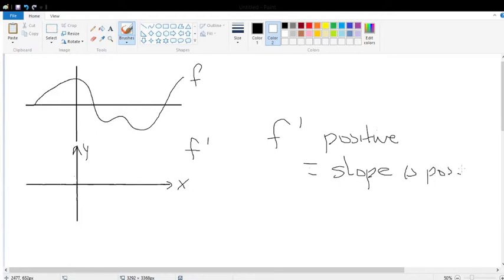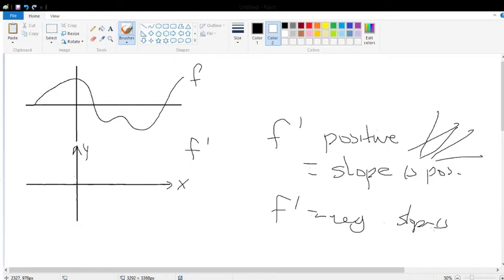And a positive slope is like that or that or that. They're all positive slope. If f prime is negative, that means slope is negative. I'm not going to draw any negative slopes. You should know what negative slopes look like. We learned it in pre-algebra. If f prime is negative, then the slope of f at that point is negative.